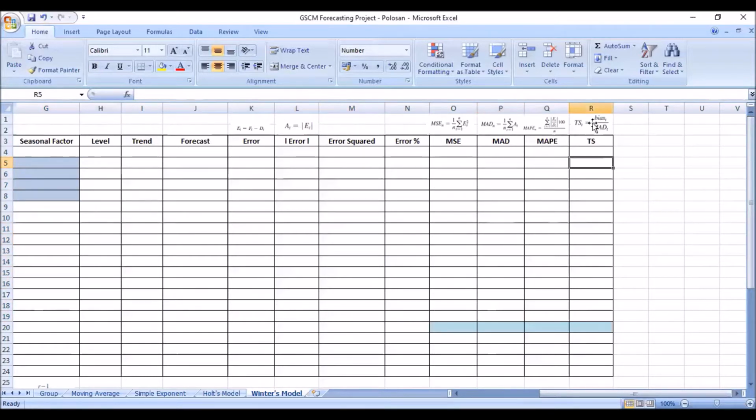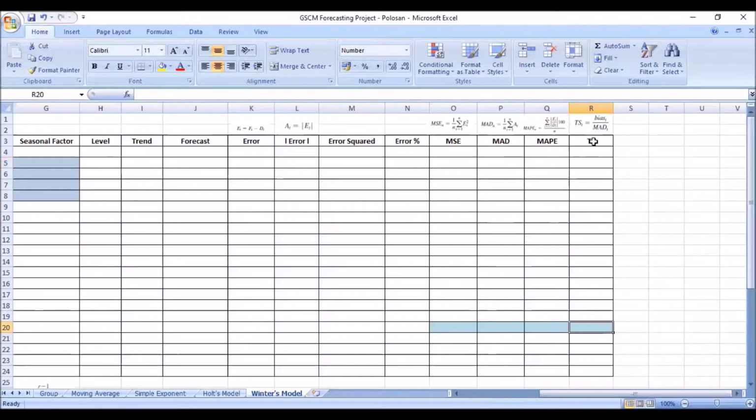For the tracking signal, we use the formula of bias divided by MAD, which means the total error divided by the MAD total, which is quite important because it indicates whether the forecast is under-forecasted or over-forecasted. MSE, the mean squared error, is found by dividing the total of the squared error by the number of periods. MAD, the mean absolute deviation, is found by dividing the total absolute error by n, the total number of periods. Then we find the MAPE, the mean absolute percentage error, by dividing the total error percentage by n.